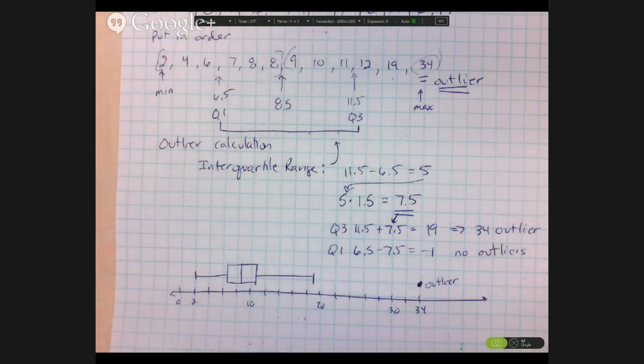Any questions? You've done this 100 times with me, so anything on the outlier calculation? So you learn that. All right, look at your calculator if you don't have one.